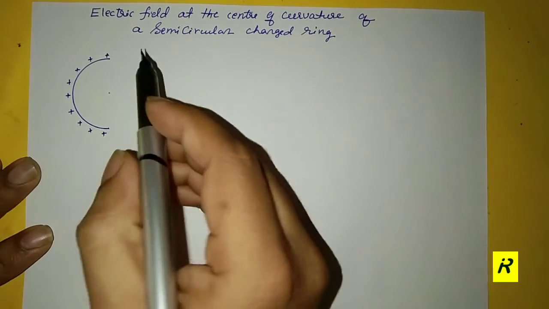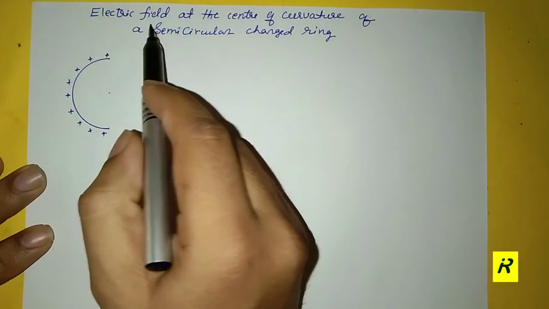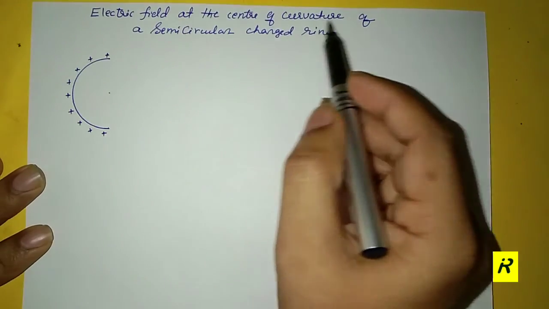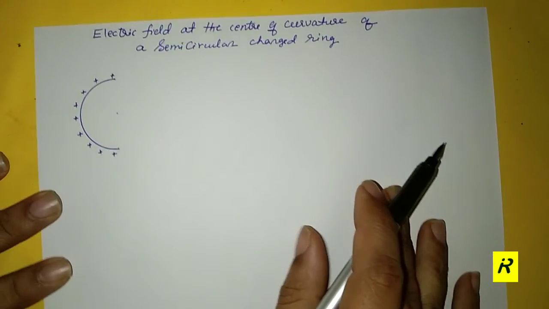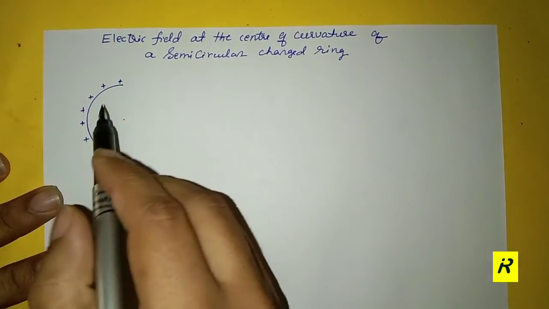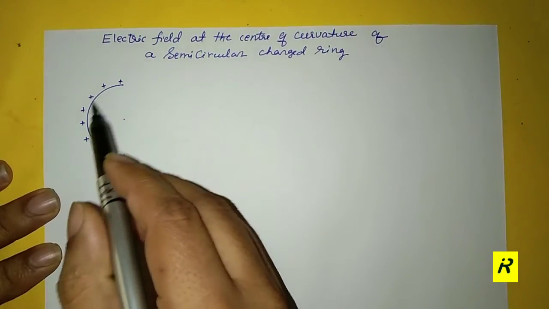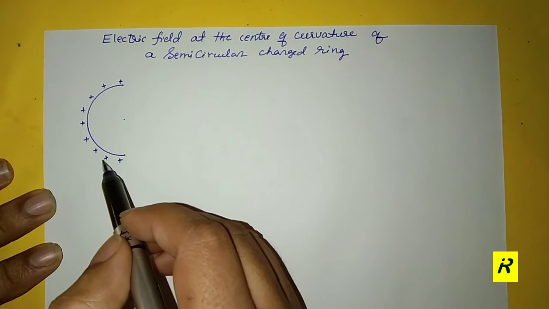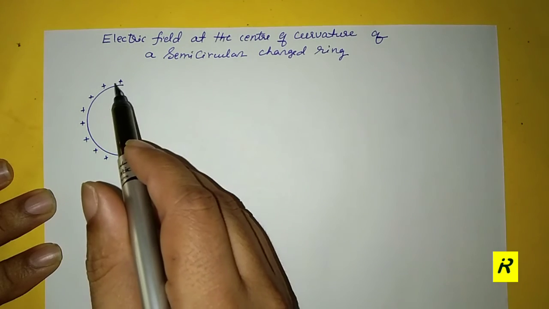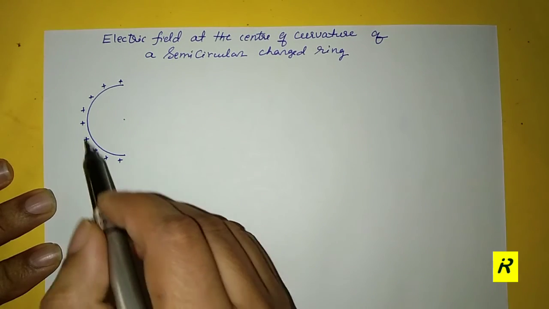We're finding the electric field at the center of curvature of a semicircular charged ring. For this you are seeing a picture drawn here, which is a semicircle possessing uniformly distributed charges along its rim.